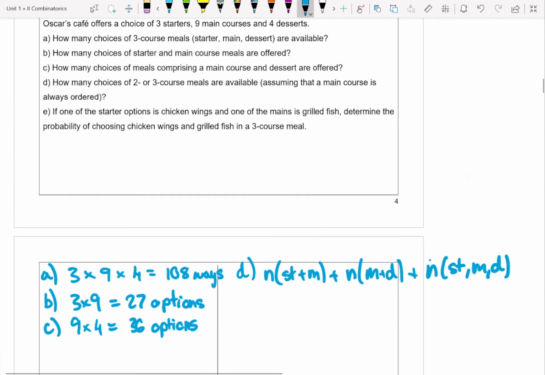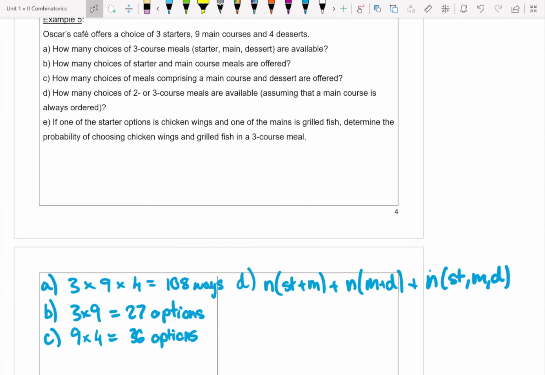Well, that's what we've calculated in our first 3 instances. So for part D of this, we're just adding our answers to A, B, and C. So starters and mains was part B, so that's 27 plus 36 plus 108, which gives us a total of 171 different ways to order 2 or 3-course meals.